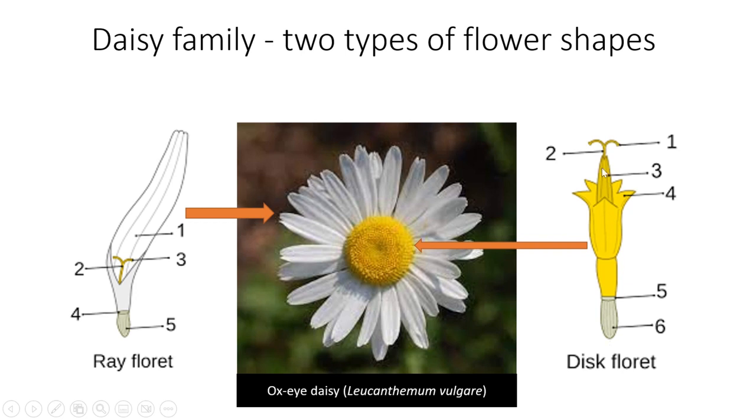And here you can see this mass is actually the anthers, joined together around the stigma and the style. So these are 2 very characteristic types of flowers that are only found in the daisy family. Some plants will only have ray florets, or some might have a combination of the 2, like the oxeye daisy.